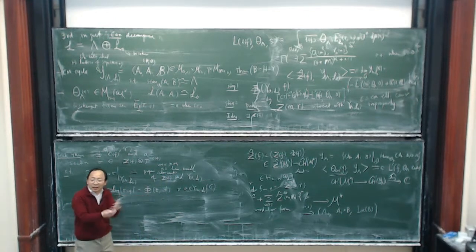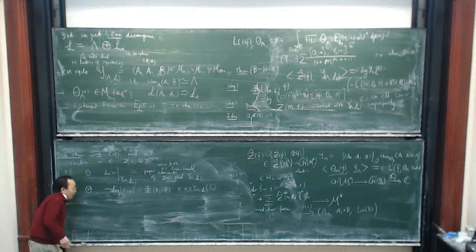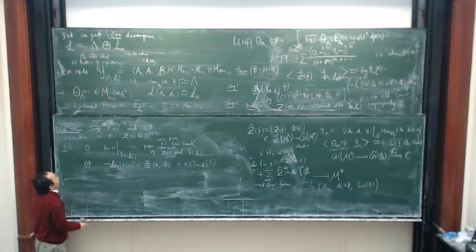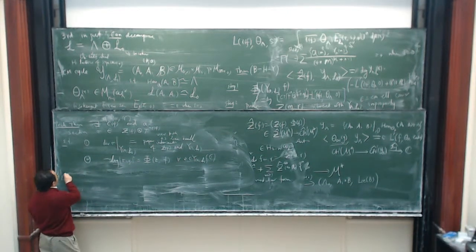Even though originally you cannot use that, you can still do it because you can shift it. So what that means is this. Instead of doing it like this, you can do Z of F Y.